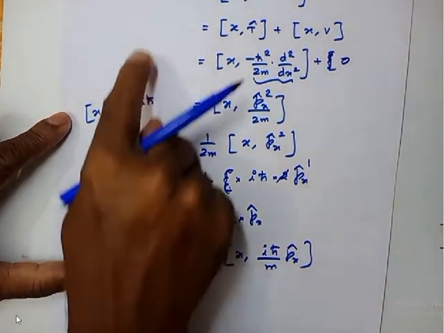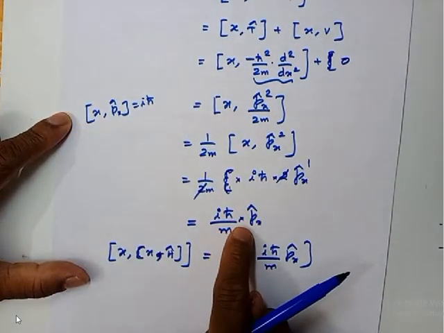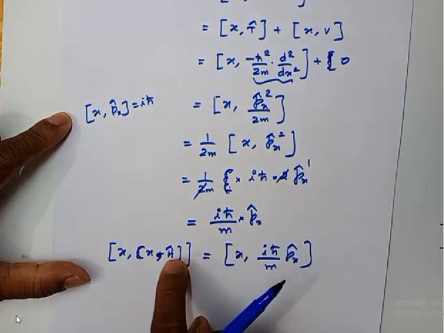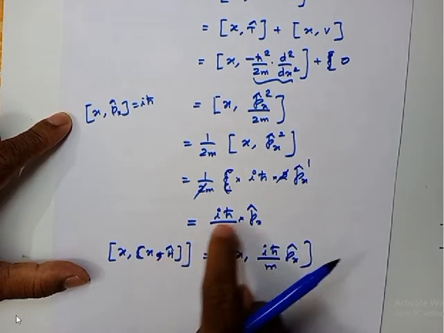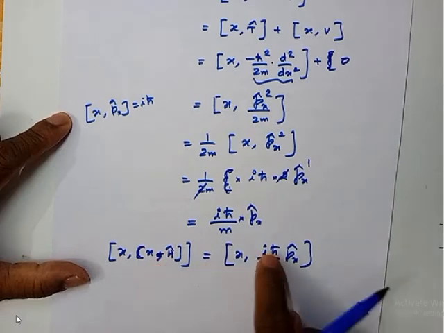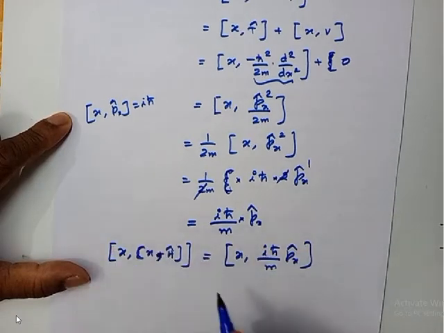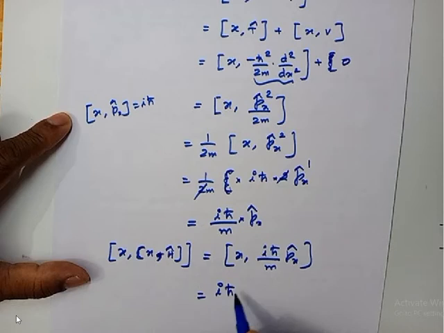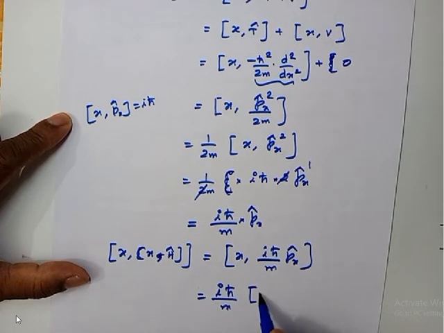So in the place of the x comma H commutator, I'll put this value. i h bar by m is a constant, so you can keep it out. What we are left with is x comma px operator.